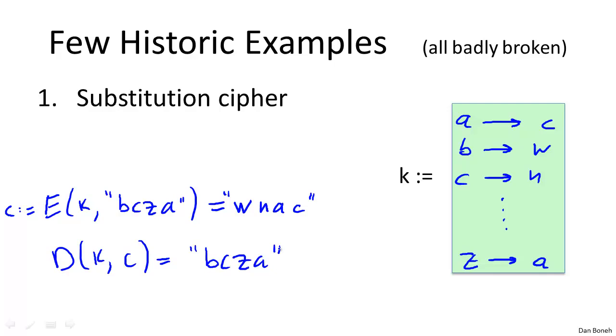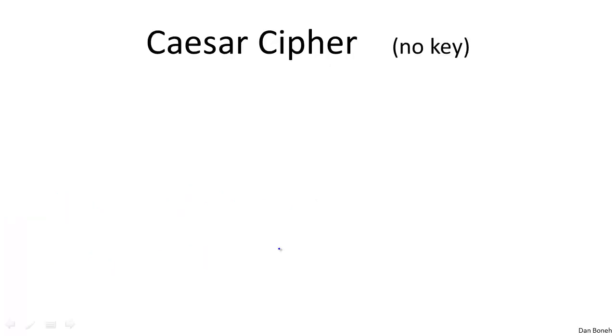Okay, just for historical reasons, here is one example of something related to the substitution cipher called the Caesar cipher. The Caesar cipher actually is not really a cipher at all, and the reason is that it doesn't have a key. A Caesar cipher is basically a substitution cipher where the substitution is fixed, namely it's a shift by 3.